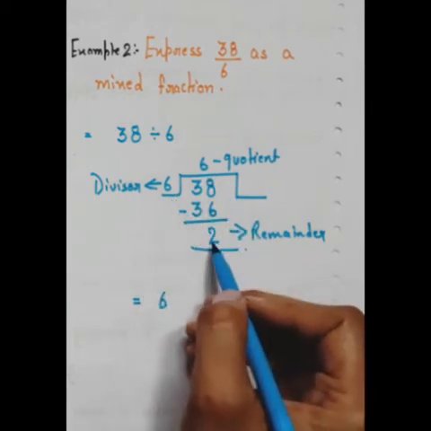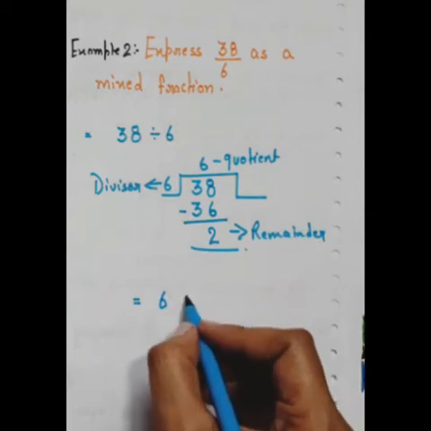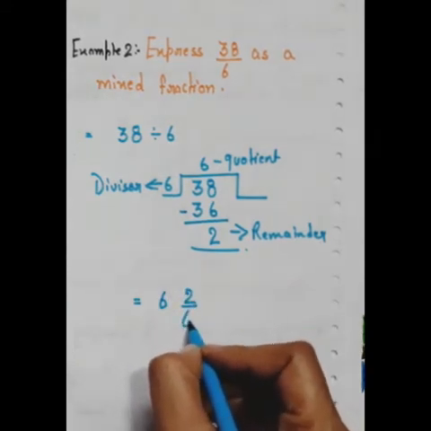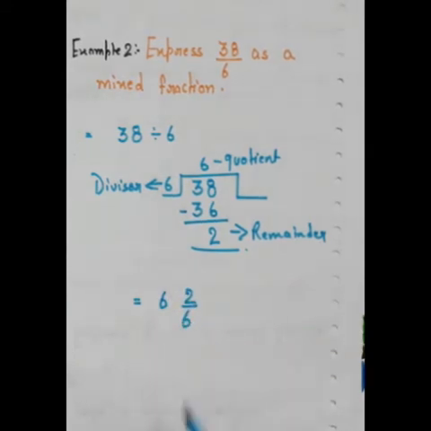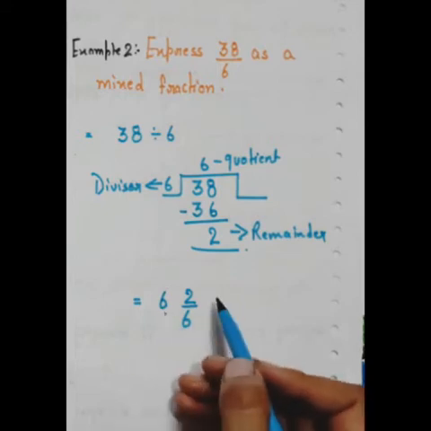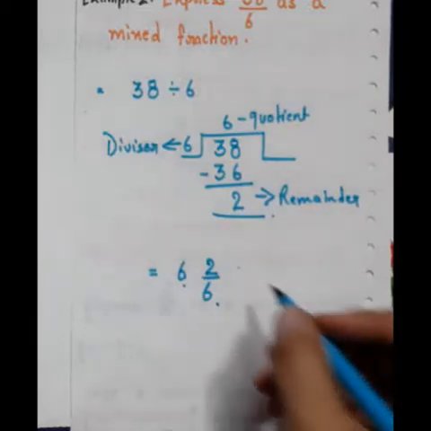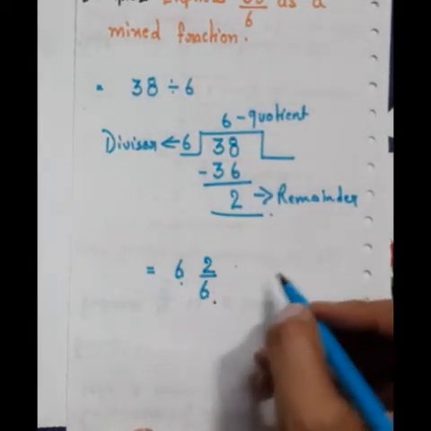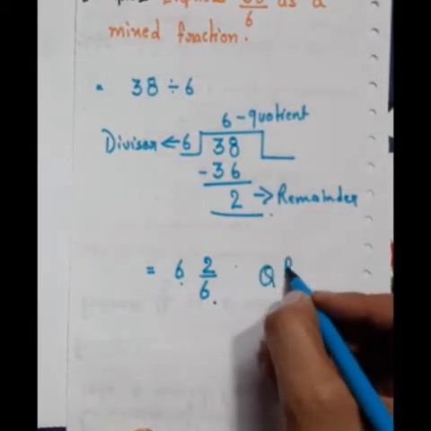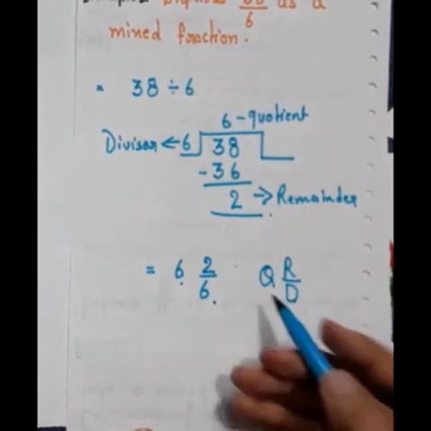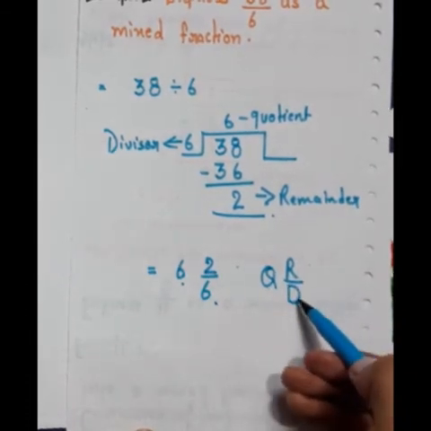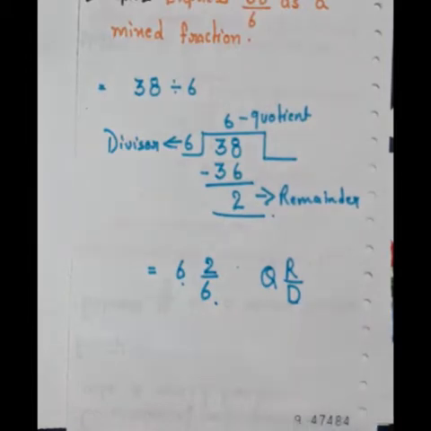And this remainder and divisor become your fractional part. So, 2 upon 6. Clear? You will read it as 6 whole 2 by 6. And you can remember it as QRD. Okay, QR by D. That is your quotient, remainder, and this one is your divisor.